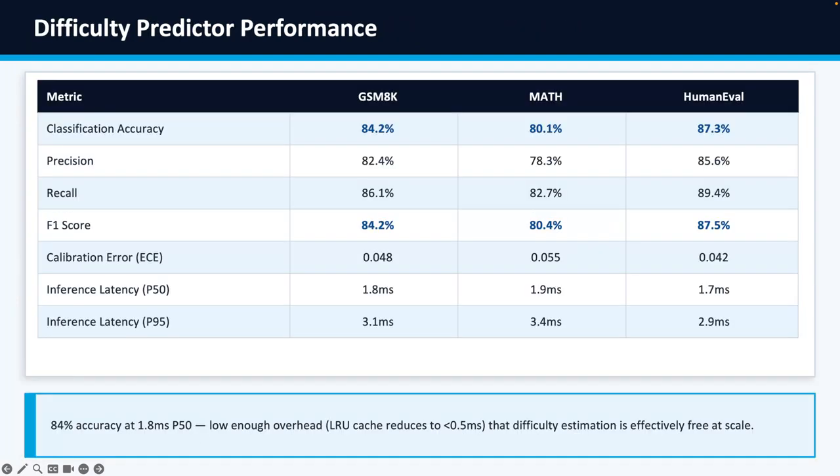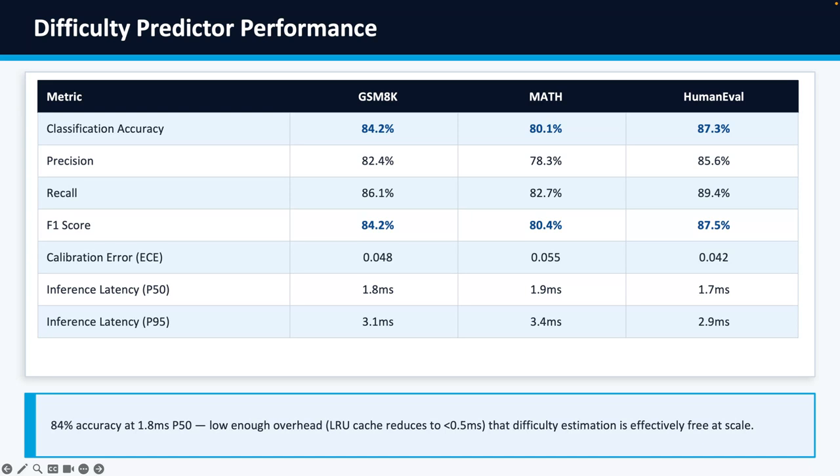Let's zoom in on the difficulty predictor, since it's the most critical enabler of everything else in Adaptive Scale. The table shows performance across our three evaluation benchmarks. The classification accuracy ranges from 80.1% on math to 7.3% on HumanEval, with GSM8K in the middle at 84.2%.